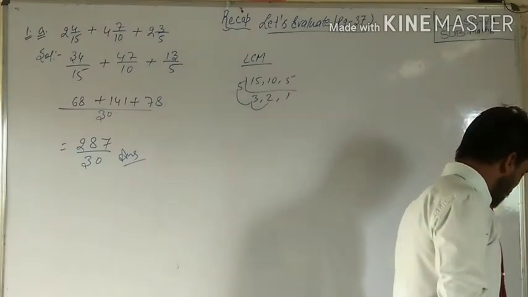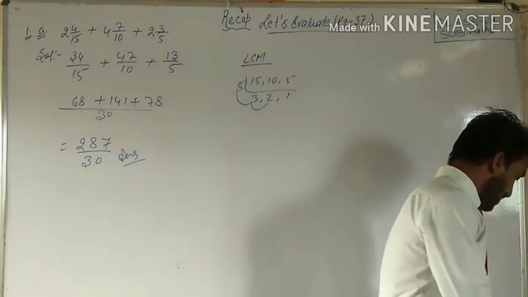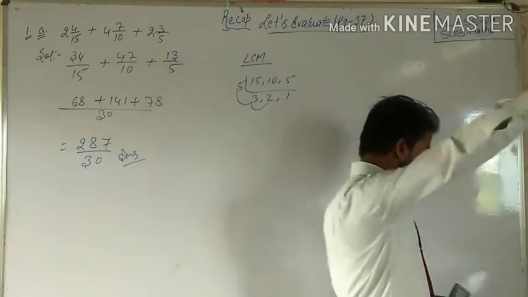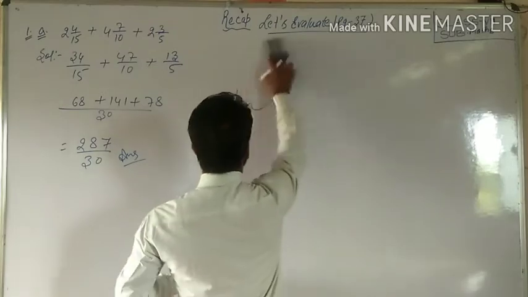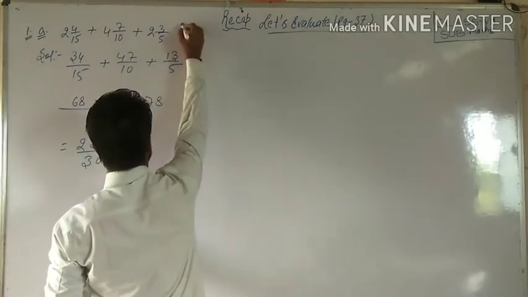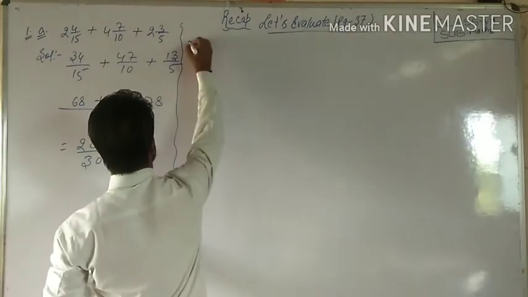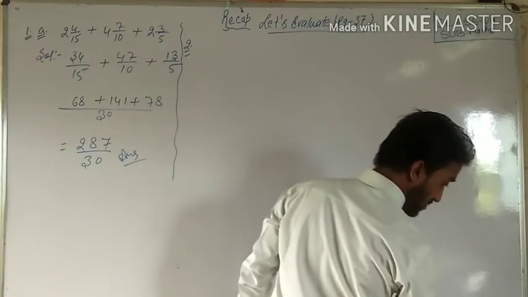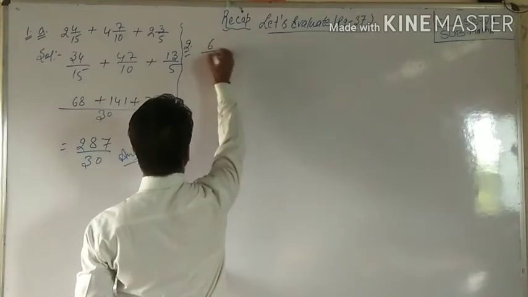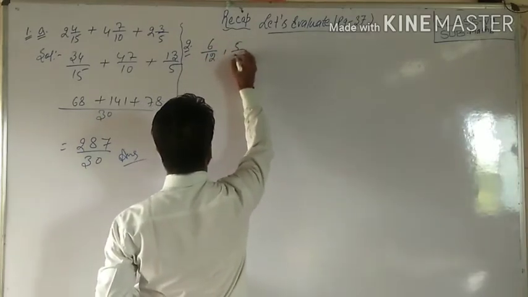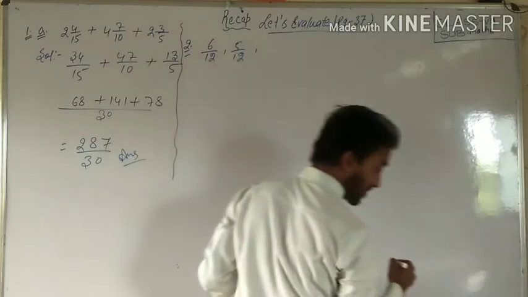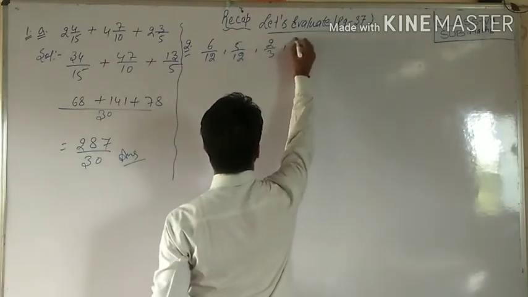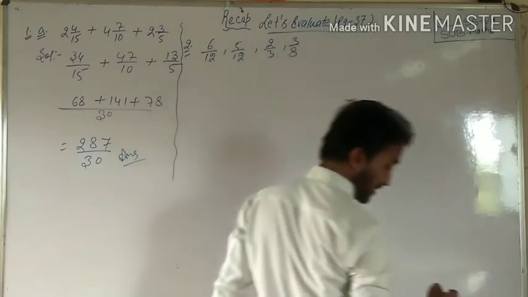Okay students, now we come to question number 2: arrange in ascending order. The given fractions are 6 by 12, 5 by 12, 2 by 3 and 3 by 8.